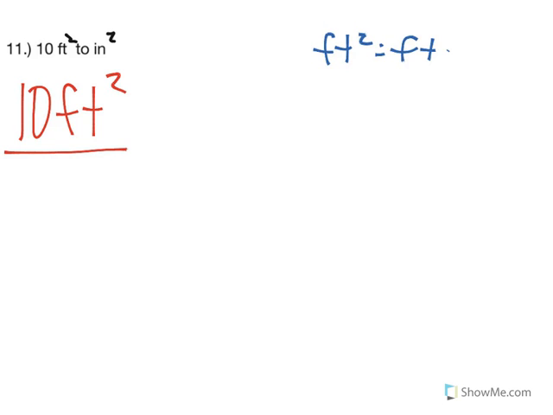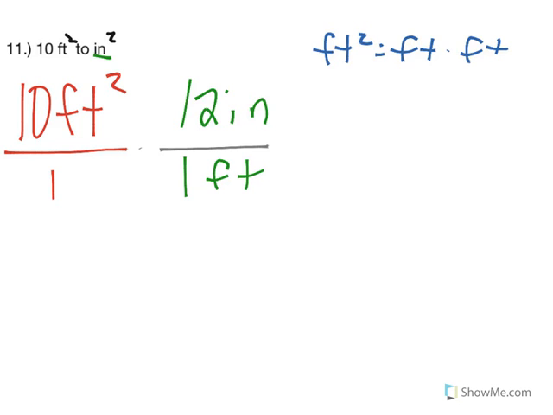So if I have something that is 10 feet squared, let's do a little Shakespearean aside here: feet squared is the same as feet times feet. So when you see feet squared, that is like seeing 2 feet. So when you're doing a conversion, and we know that 1 foot is 12 inches, because that's what we want to go to inches squared, this is only 1 foot. So when you cross out this 1 foot, you're really only crossing out one of these feet.